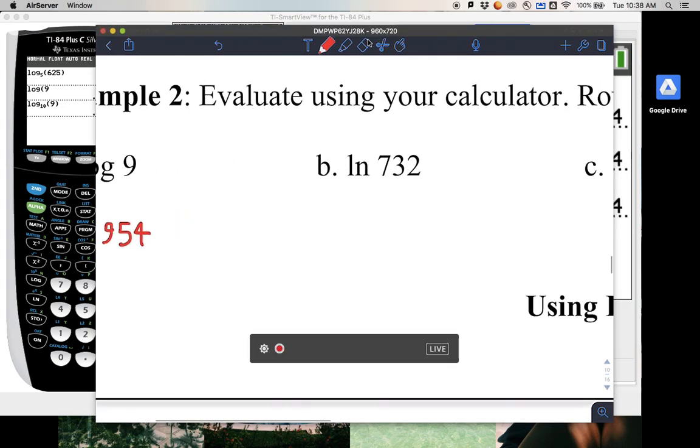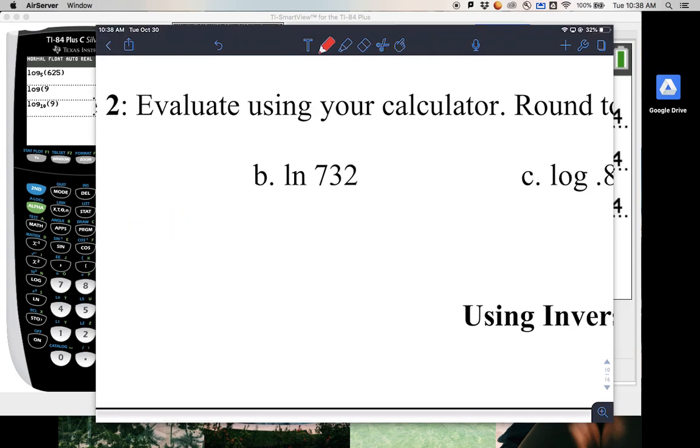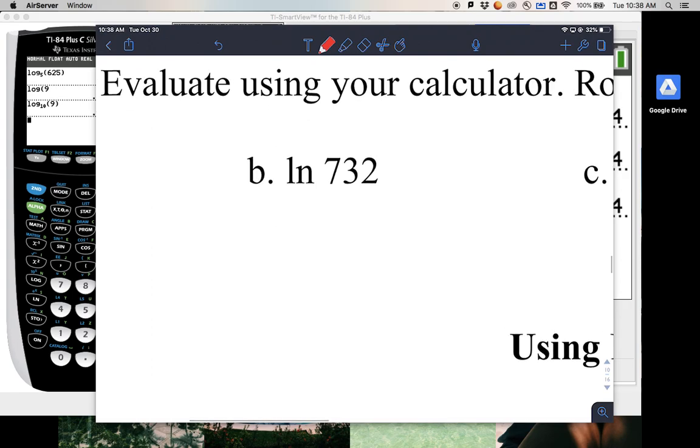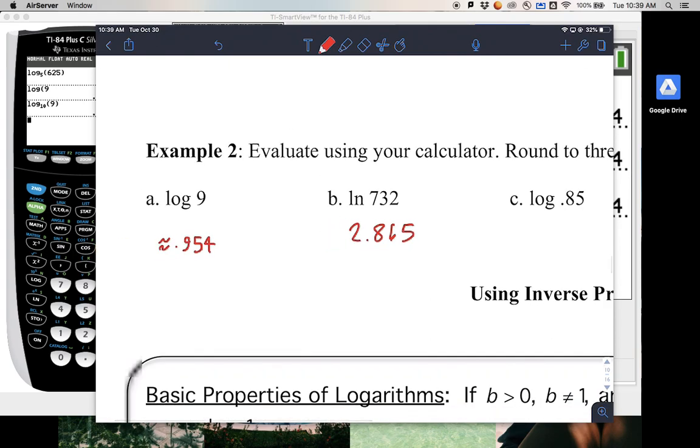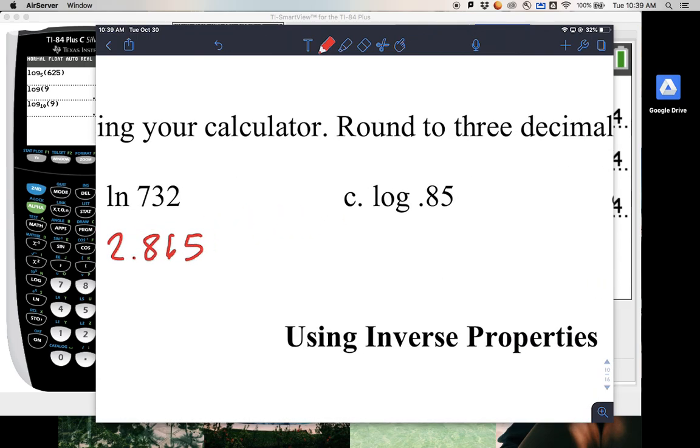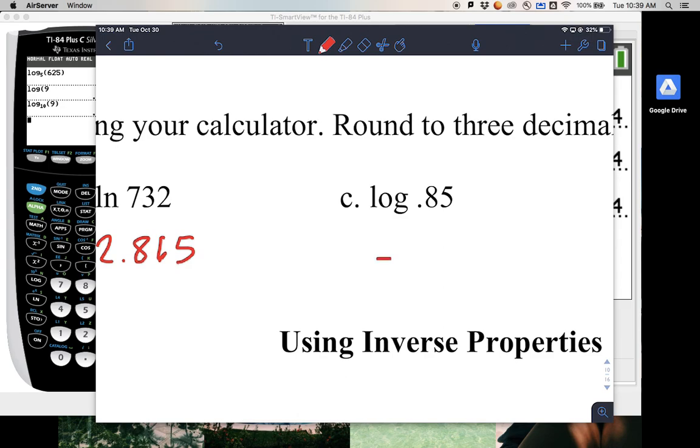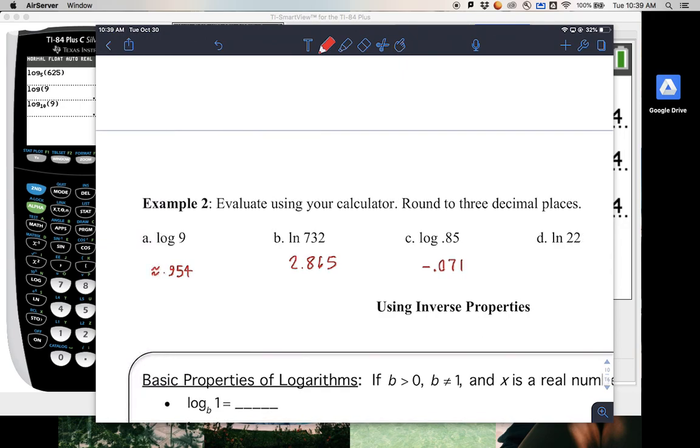I'm going to just speed through the rest of these real quick. My calculator's off the screen. So if you do log base 10 of 732, you're going to get 2.865 once you round up. If you go log of 0.85 for this next one, looks like you get a negative number, so you'll get negative 0.071 once you round.